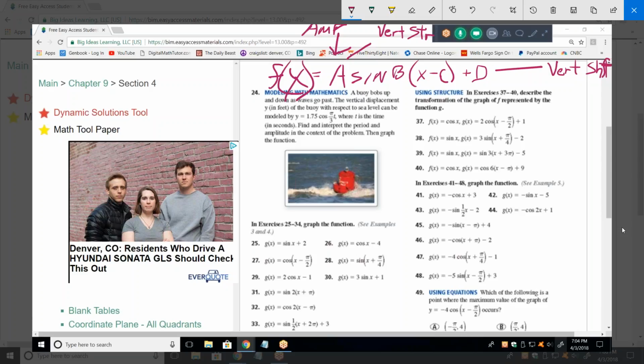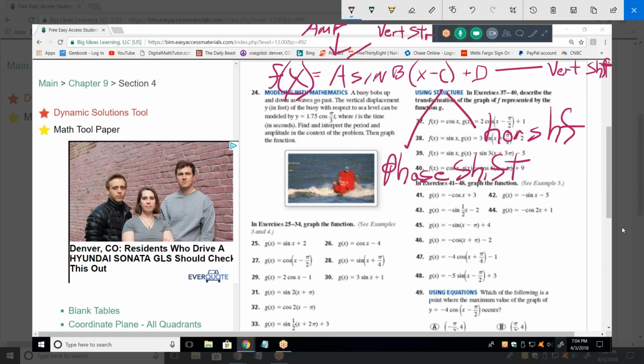That's the horizontal shift, right? It's called a horizontal shift in algebra, but in trig, it's called a phase shift. Same thing exactly. You move it left or right. If C is a positive number, you move everything right. That also does not change the shape of the graph. C and D, neither one of them change the shape of the graph.